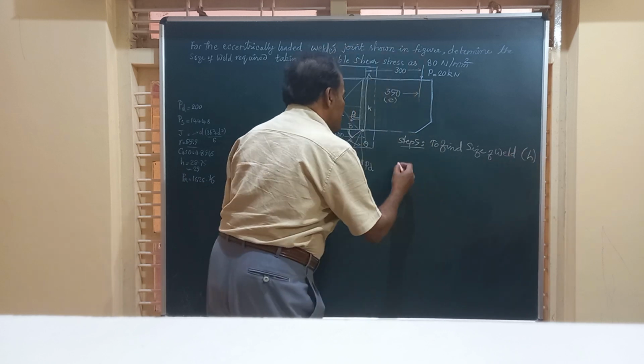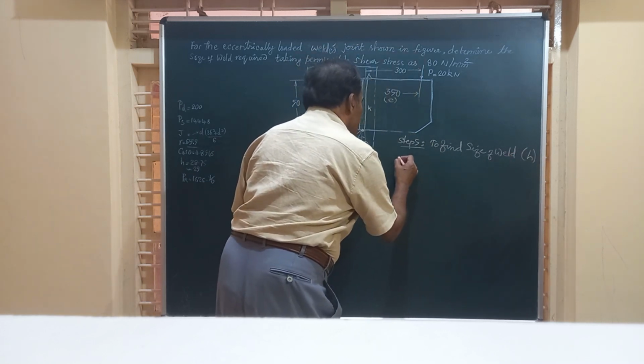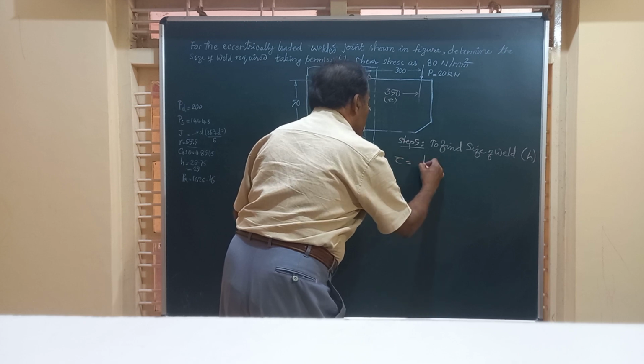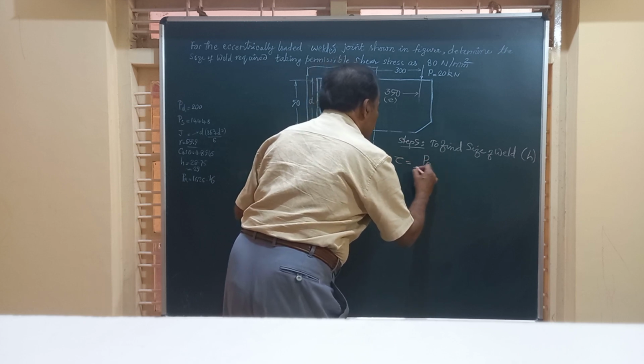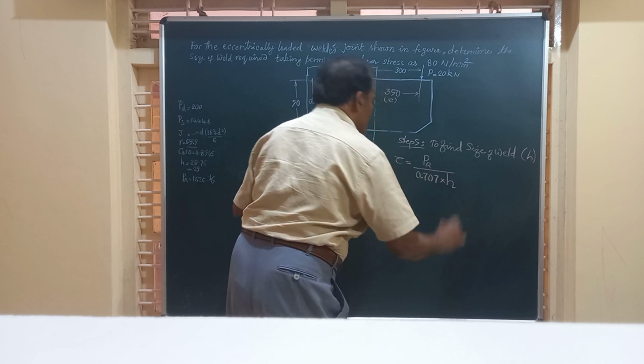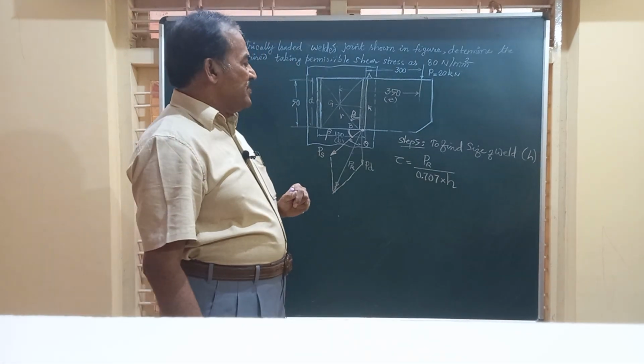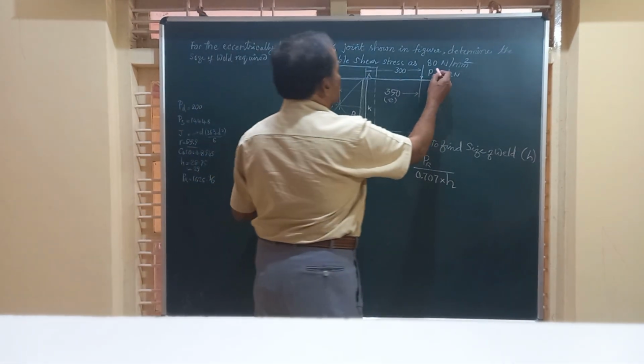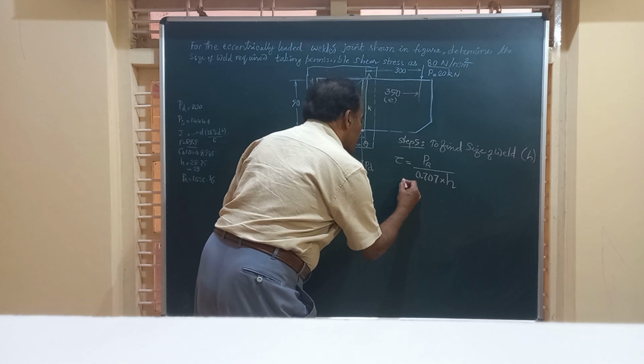Friends, to find this, we equate this shear stress tau to PR divided by 0.707 into h, where h is the size of the weld. The shear stress is given to be 80 Newton per mm square.